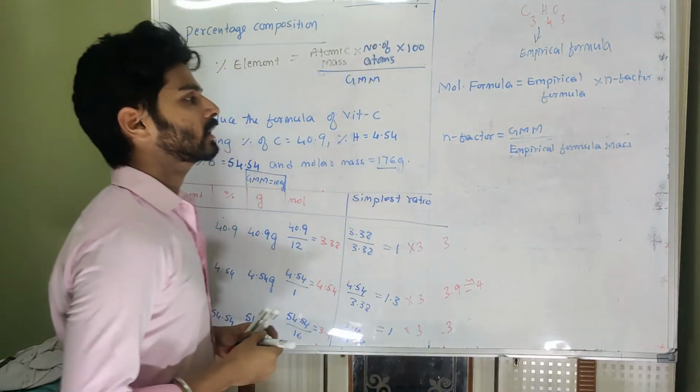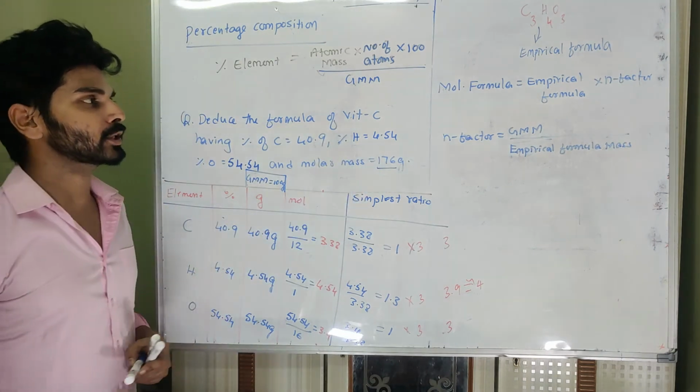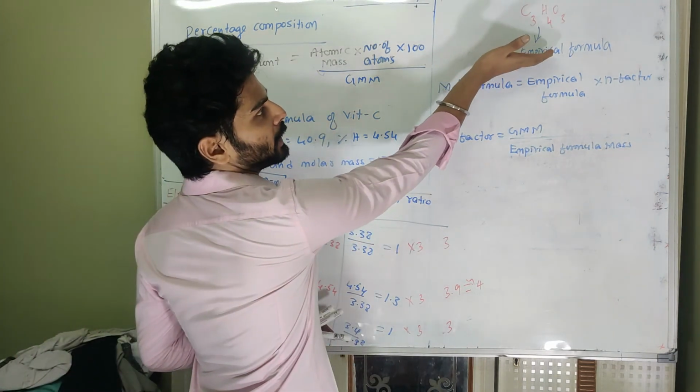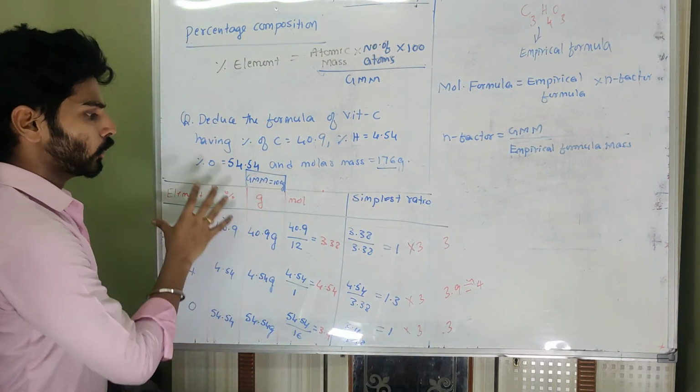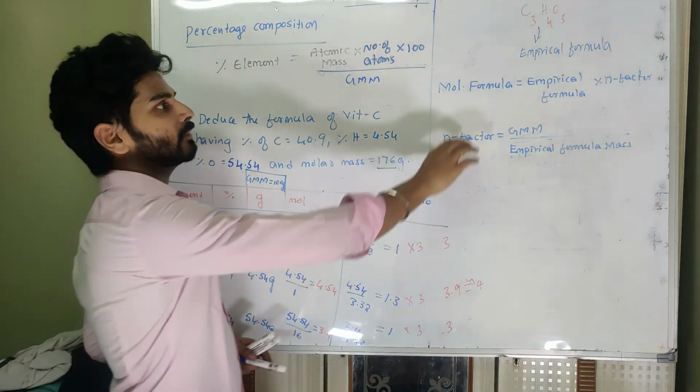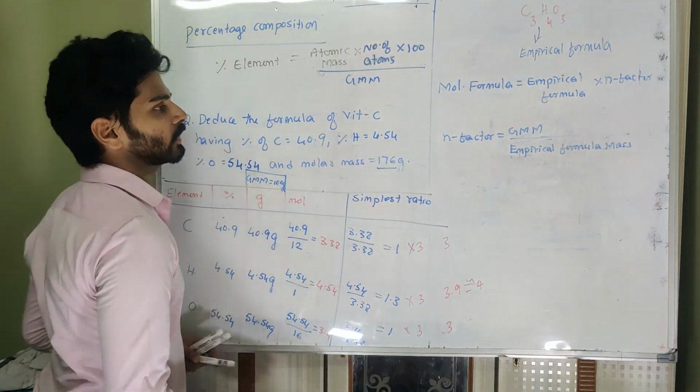So gram molecular mass is already given. If it is not given, we can only reach till the empirical formula. We cannot go beyond this. By following this route, you can only end up with the empirical formula. We cannot get the molecular formula.